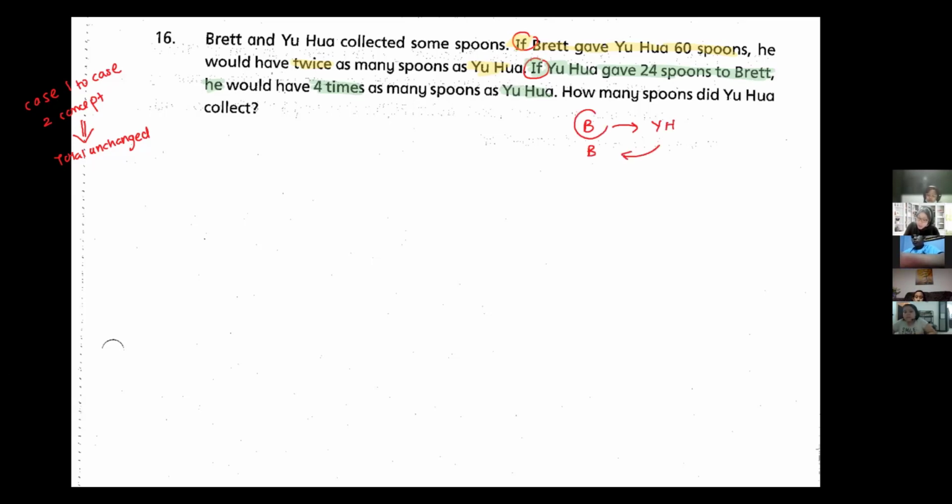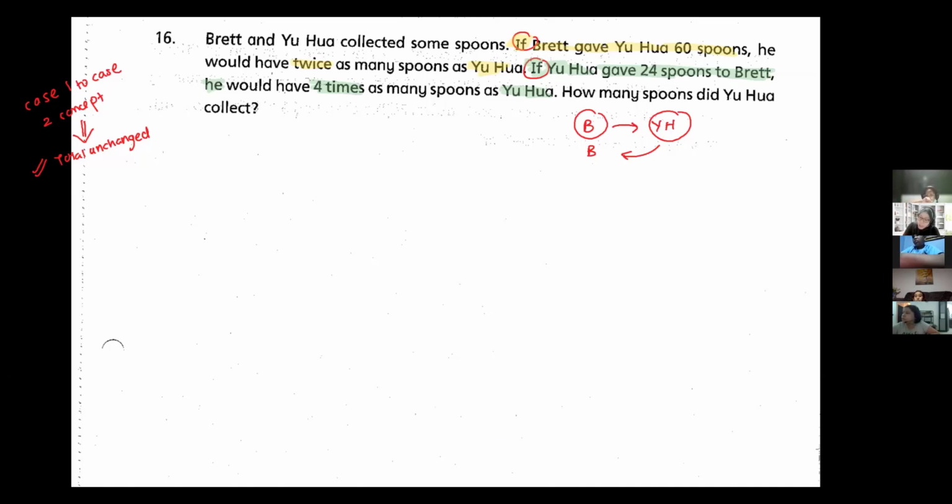Can you see it's between these two people only? So that's the total unchanged concept. However, case 1 and case 2 means there are two sets of total unchanged boxes.